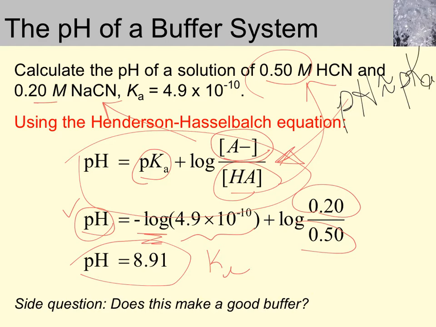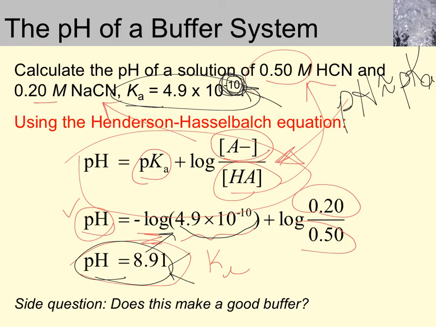And when you calculate the pKa value, and remember that the log values are simply an expression of the exponent, the pH you get should be very close in value to the pKa value. So if you find pKa or minus log of this, you'll find that it's within plus or minus 1 of the calculated pH. That's just kind of a check for yourself. So let's say if you got a pH something like 4, 4 is so far away from 10 that you probably made a calculation error.